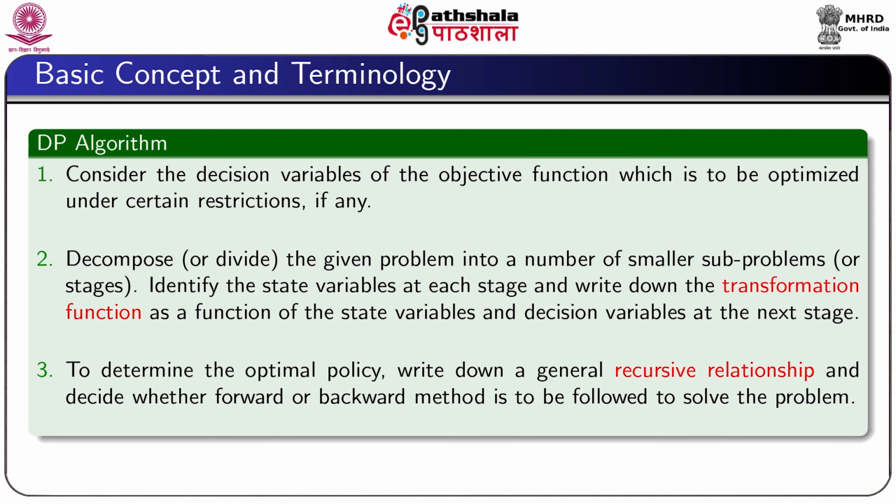Identify the state variables at each stage and write down the transformation function as a function of the state variables and decision variables at the next stage. Step 3, write down a general recursive relationship for computing the optimal policy, and then decide whether forward or backward method is to follow to solve the problem.